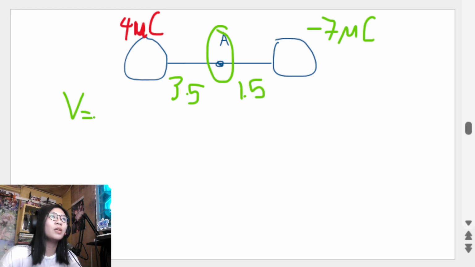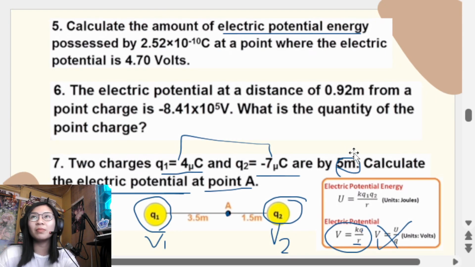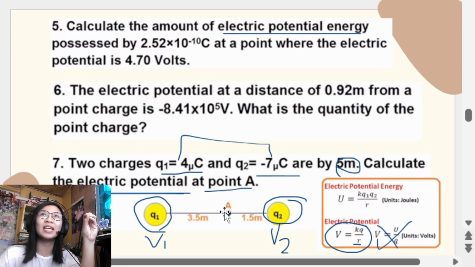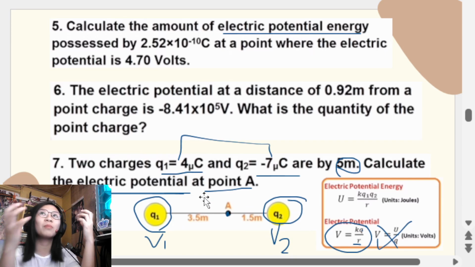So when we are talking about kQ over r, the r here is not the 5 meters in your problem. You will not use it, because we are looking at point A, so what matters is the distance of the charges from the point, not their distance from each other.